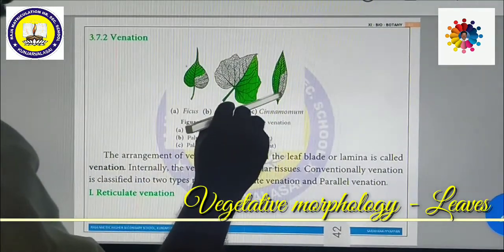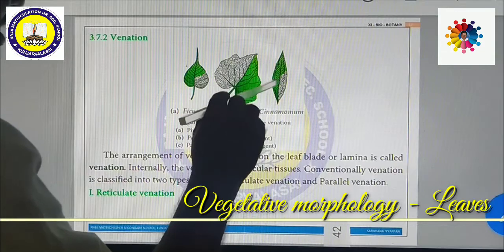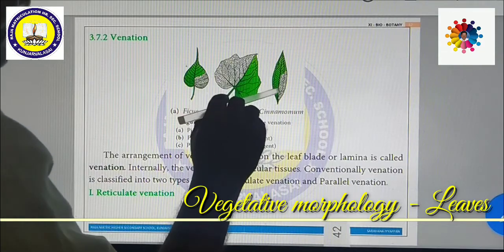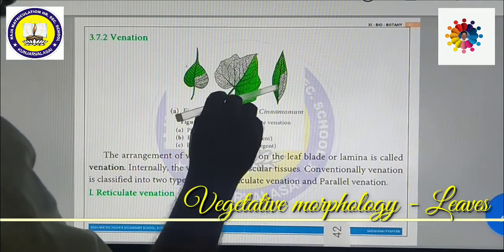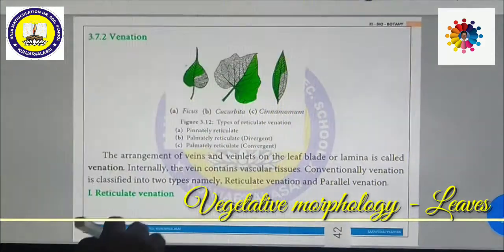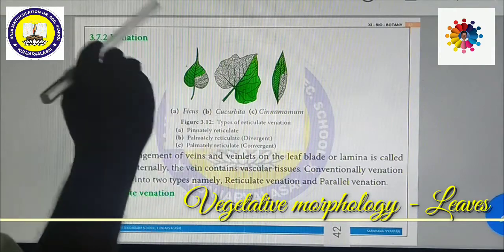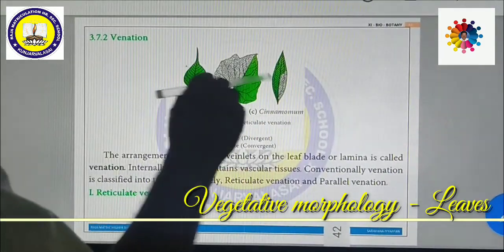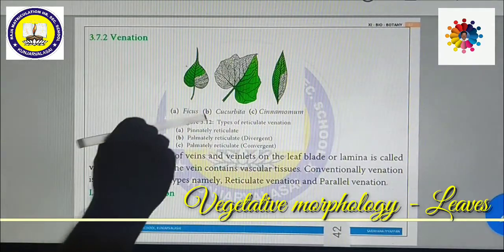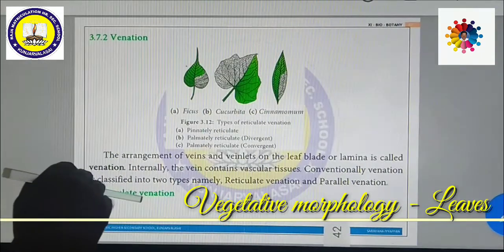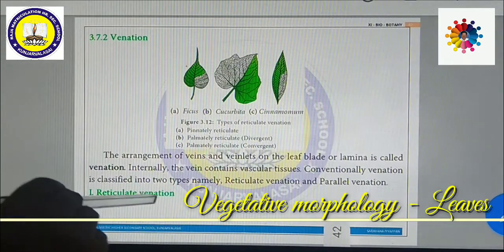Here there are 3 midribs, here 5 midribs. So if the leaf has more than one midrib, it is called palmately reticulate venation. If the leaf has only one midrib, it is called pinnately reticulate venation.